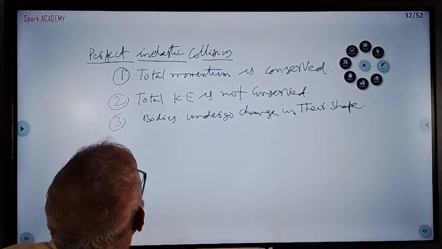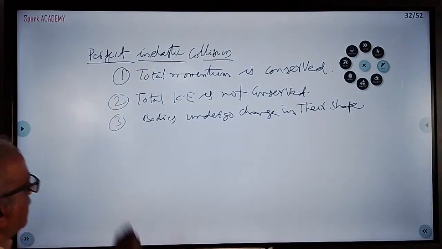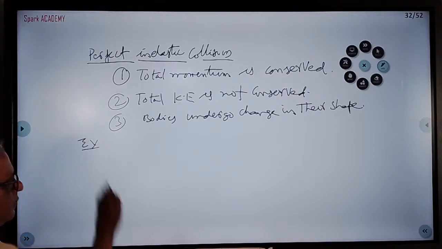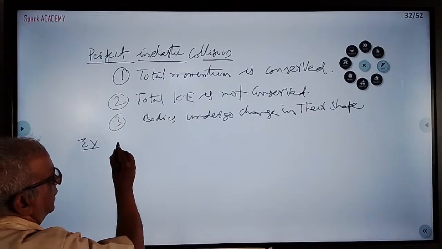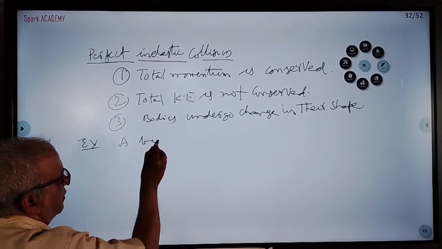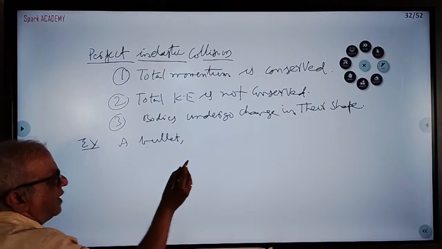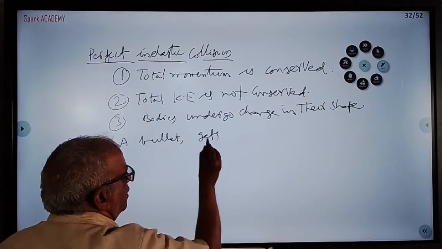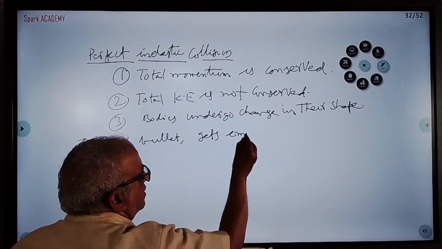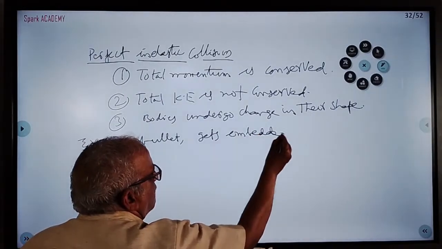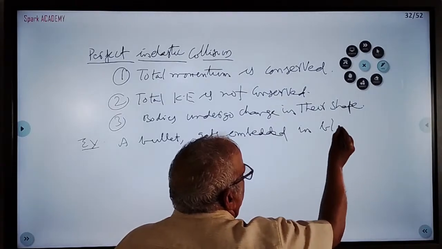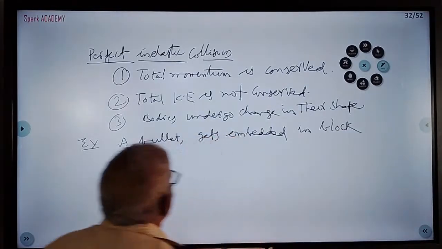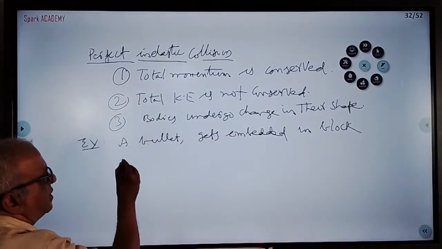This is exactly opposite to the elastic collision. Example: a bullet gets embedded in a block hung by a thread.